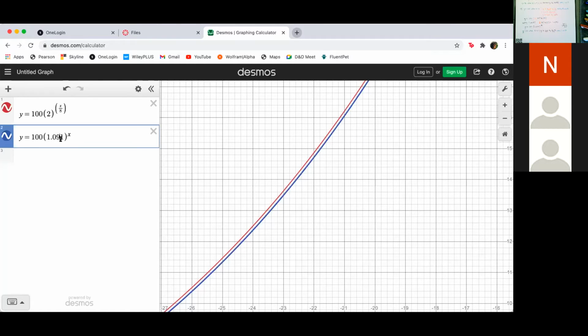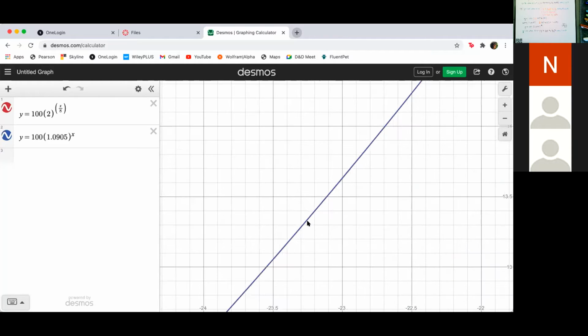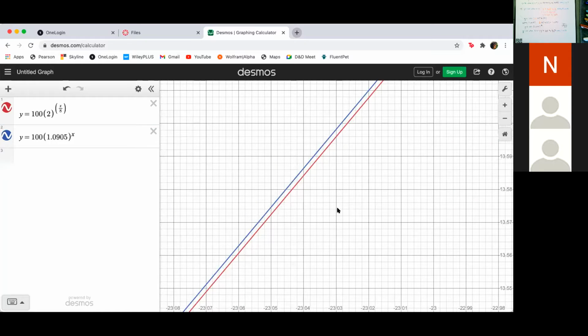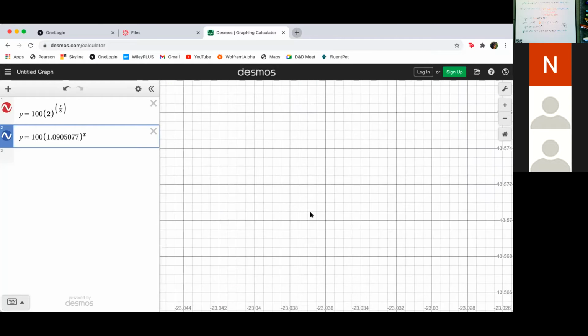But if I go in here to the 1.091 and include more decimal places, so 1.0905, now they're closer until we zoom in some more. And then if I add more decimals, 1.09050077, now they're even closer.